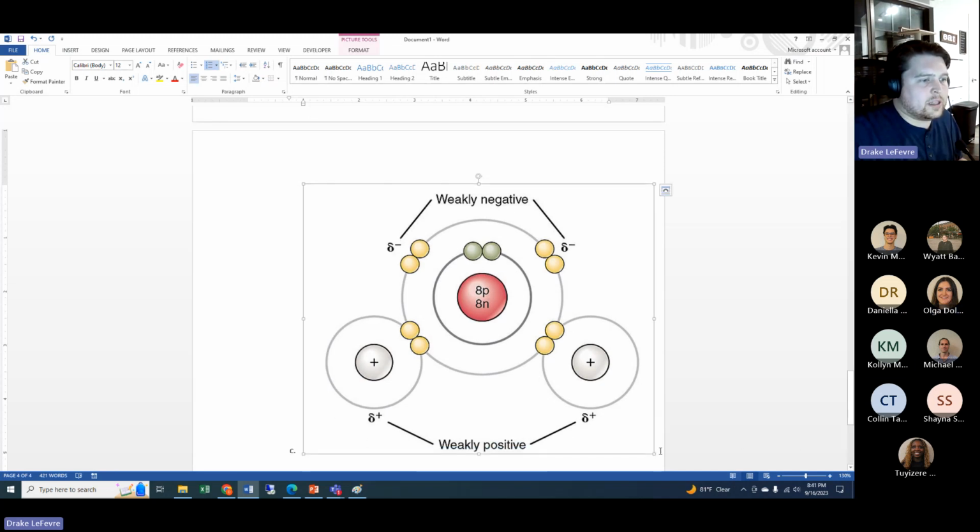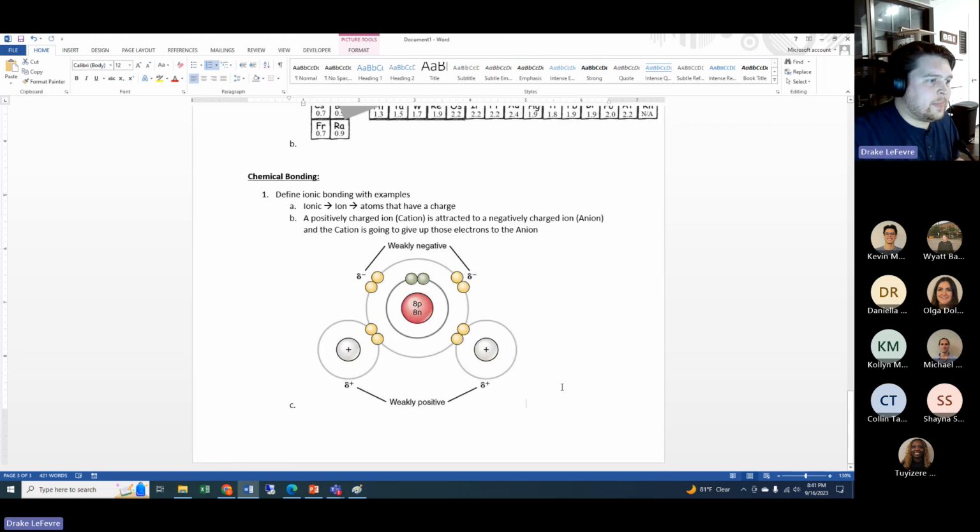The oxygen is literally ripping the electron away from the hydrogen, stealing it from the hydrogen. The hydrogen willingly gives it, but because of that, the oxygen becomes negative, the hydrogen becomes positive, and then they get bound together.